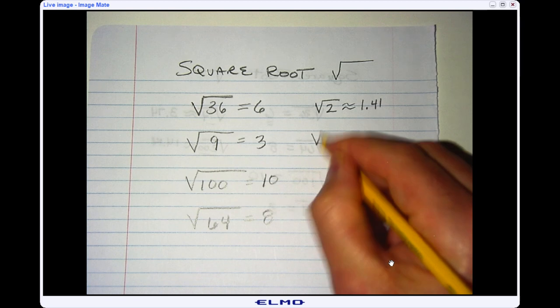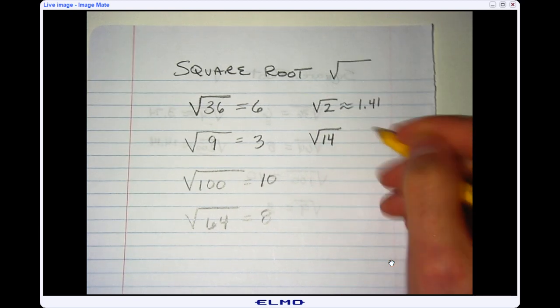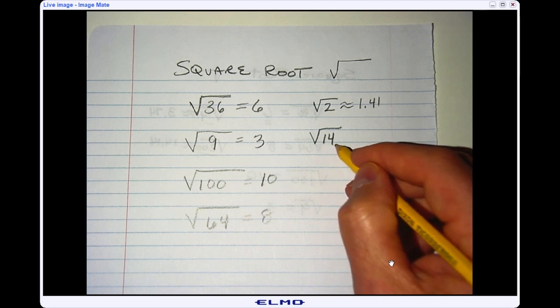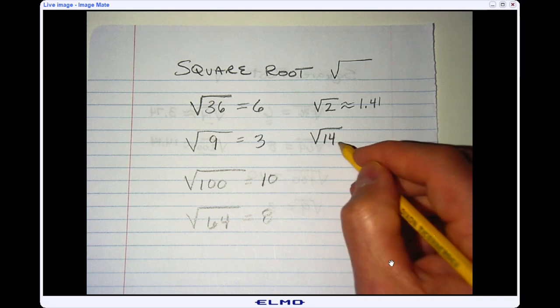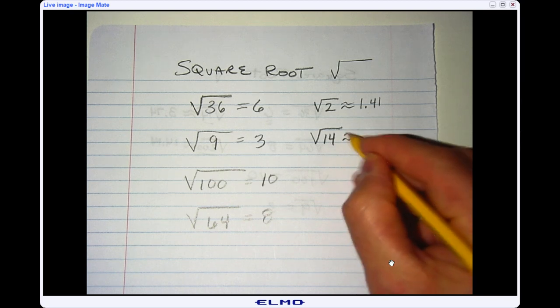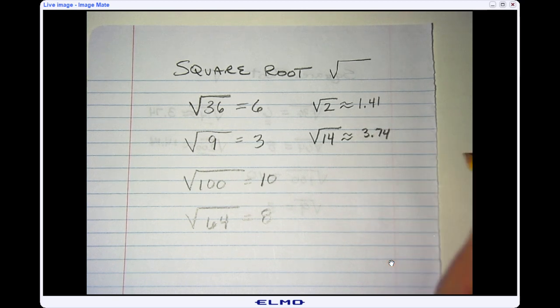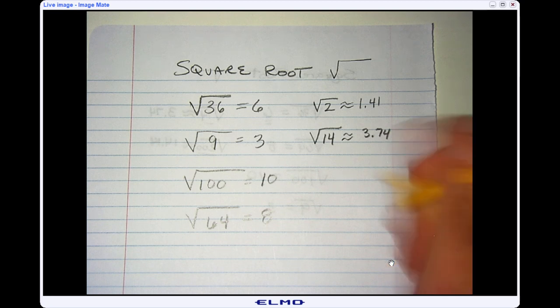If I do another example, like the square root of 14, 3 times 3 is 9, and 4 times 4 is 16, so it's somewhere between 3 and 4, a little bit closer to the 4. If I actually do this, it would be around 3.74 times itself will give you the 14 on the inside.